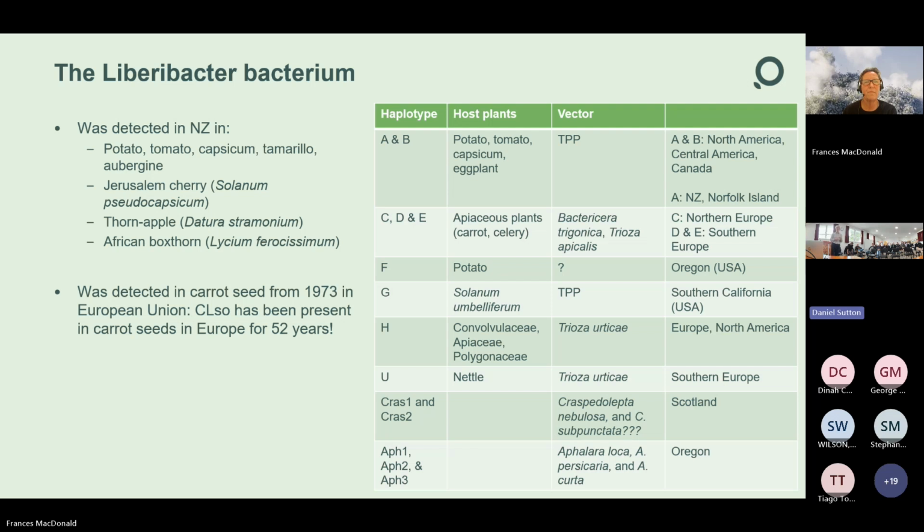And the interesting thing is, because this seems like a fairly recent kind of thing, right? When was it, 2009, that we found out that this new to science pathogen existed? Well, after we've done a lot of work more recently, there were some people in the UK and they tested some really old seed lots from the early 1970s. And they found CLSO in there.